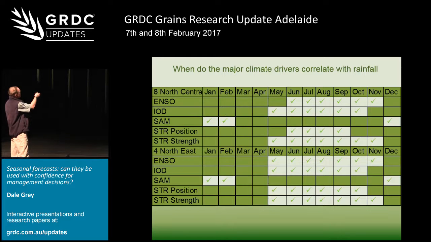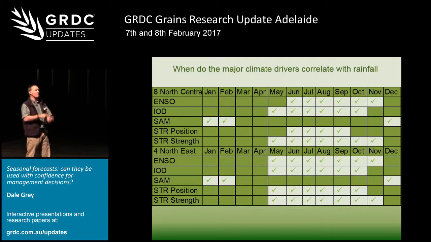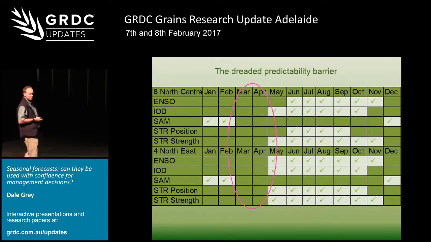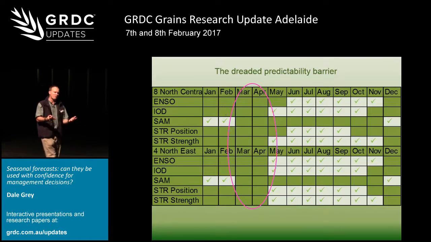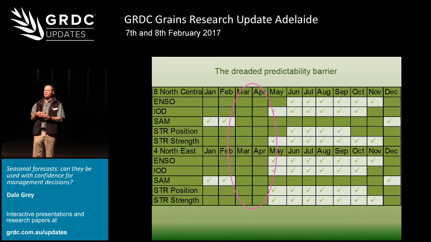But here we have, through the months of May to October, most of the climate drivers we look at have their greatest effect during our growing season. There's not much effect over summer, and then we've got the dreaded predictability barrier in autumn, where we most want to know what's going on, where the models, not so much the models, but the world has no skill at predicting rainfall at that time from these major climate drivers because they're in reset mode.